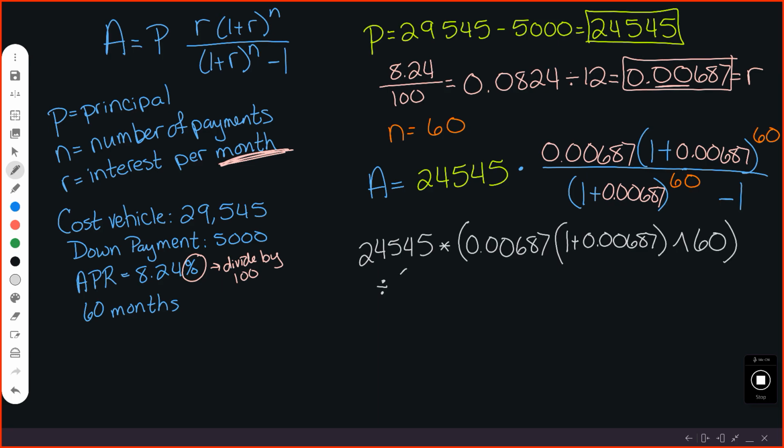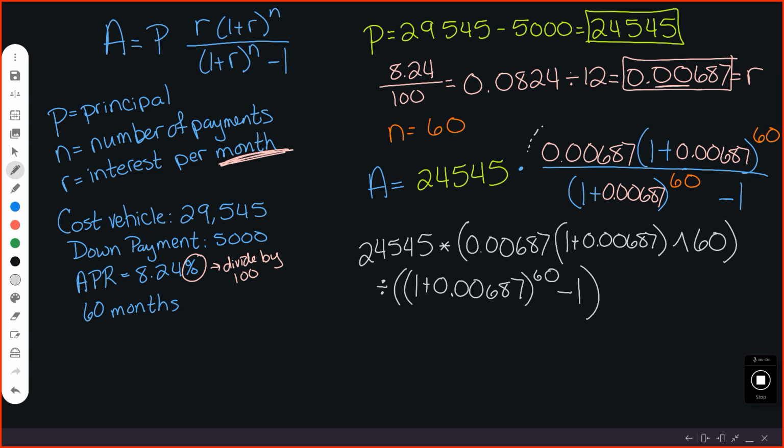So then I'm going to do another set of parentheses, because I'm putting parentheses around the whole bottom. 1 plus 0.00687 to the 60th minus 1, and then close those parentheses. So the extra parentheses are just putting parentheses around the numerator of the fraction and then parentheses around the denominator.